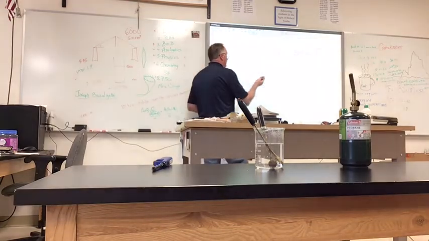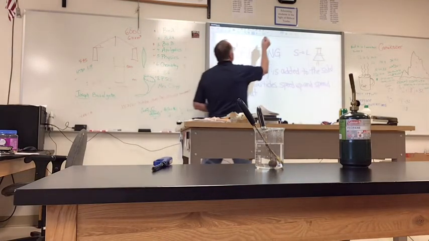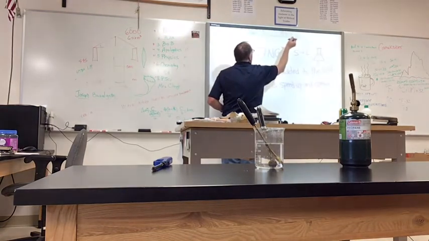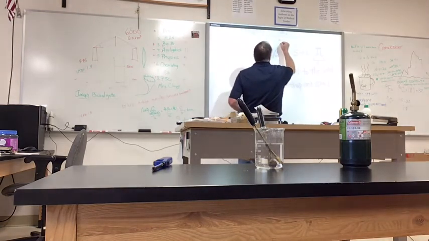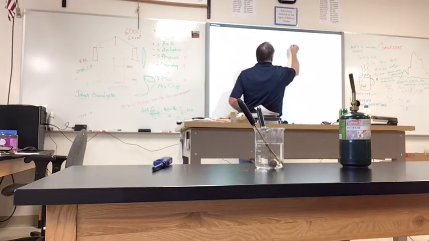Now, when we do a phase change, we always think of the models. So we have a model of the solid, and I'm just going to do the simple two-dimensional model.